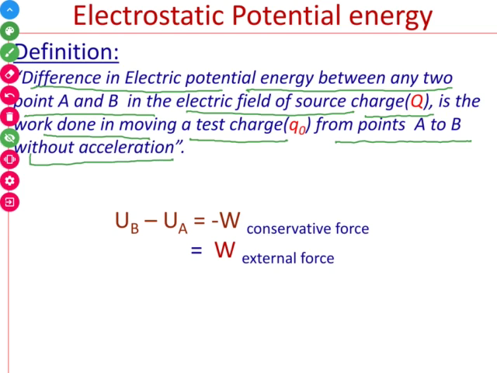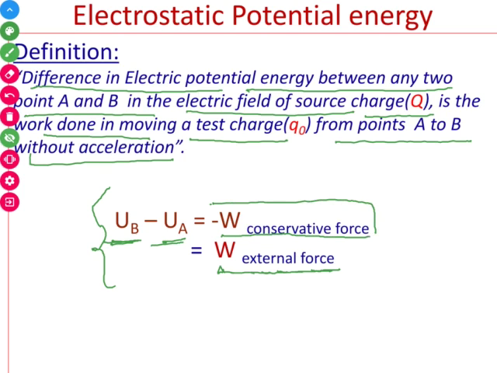Or in a mathematical way we can write UB, the potential energy at point B, minus UA, the potential energy at point A, is equal to the work done by the external force, or the negative of the work done by the conservative force. These two things we should know.